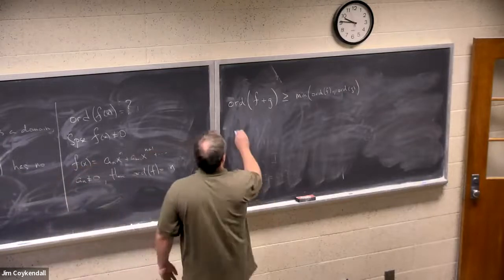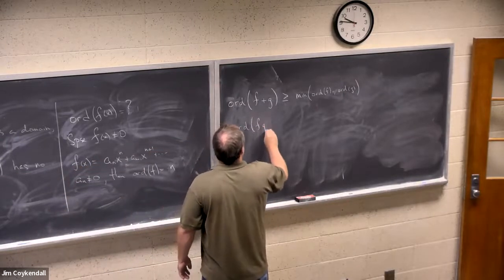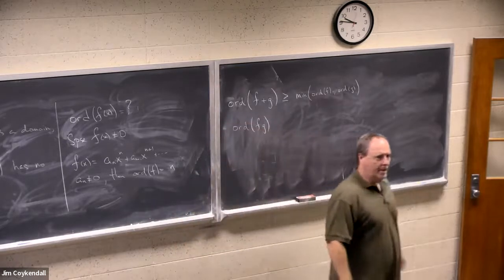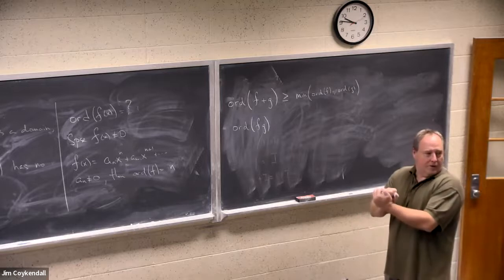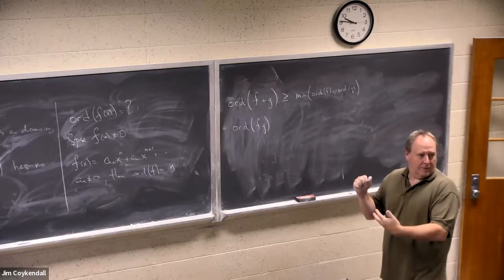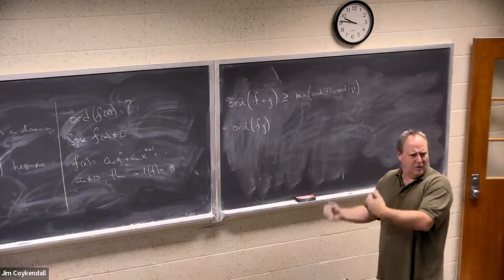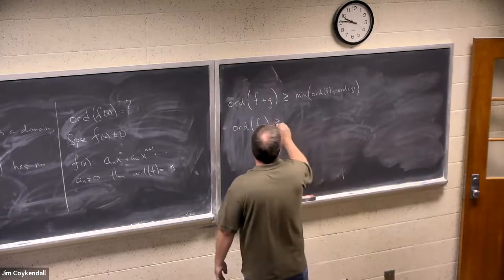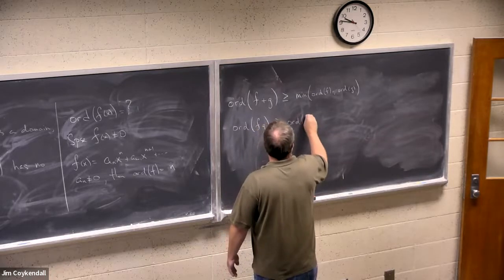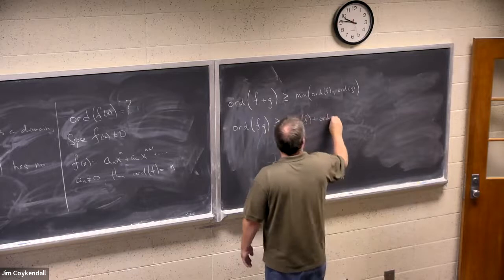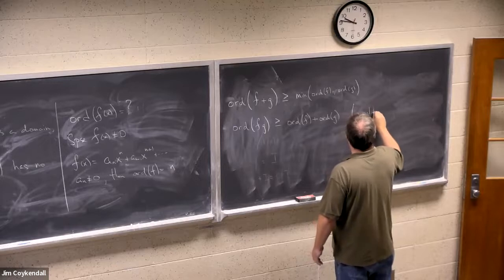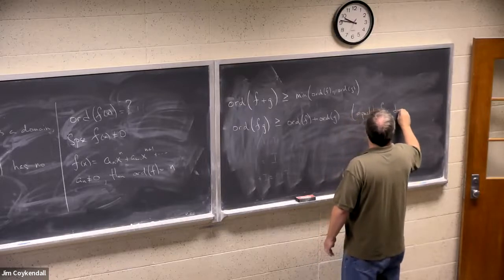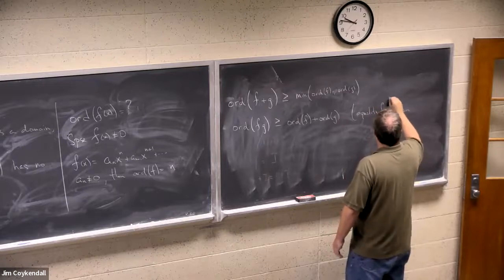What about ord of fg? What happens there? Well, you multiply those two smallest terms, and that will give you the smallest term of the product, unless they multiply together to zero, in which case the order might be bigger. So this is greater than or equal to ord f plus ord g, and equality holds if R is a domain.